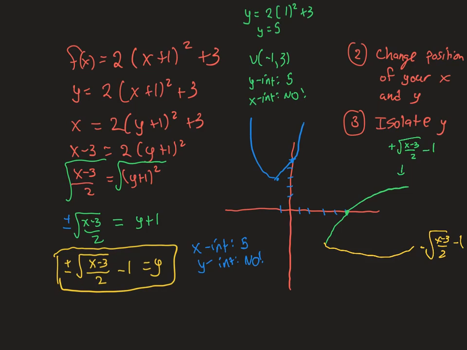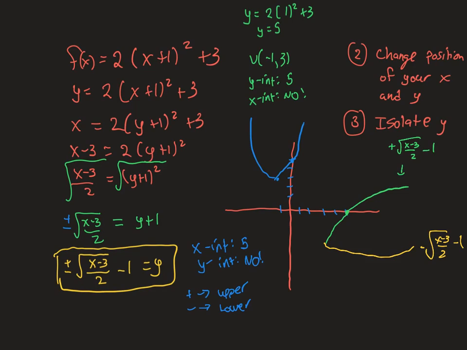So the plus and minus always represent two separate halves. The plus represents the upper half, and the minus represents the lower half.